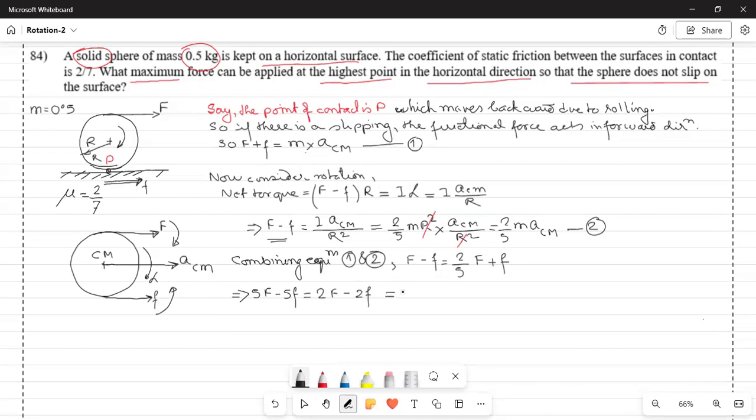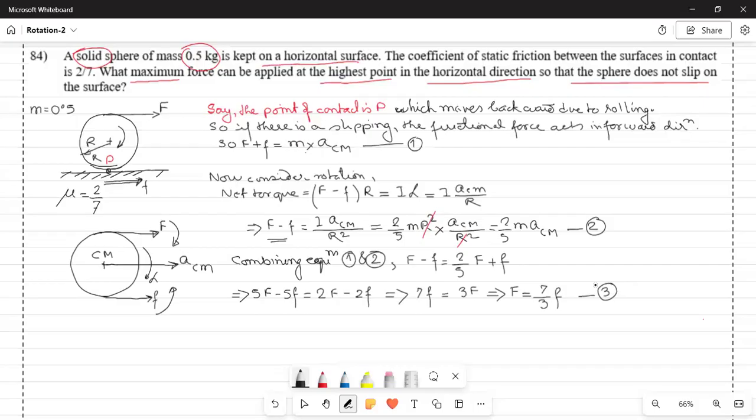From there we find 7 small f is equal to 5 minus 2, that is 3 capital F. Since they wanted us to find the value of capital F, capital F is equal to 7 by 3 small f. This is relation 3 we have got.